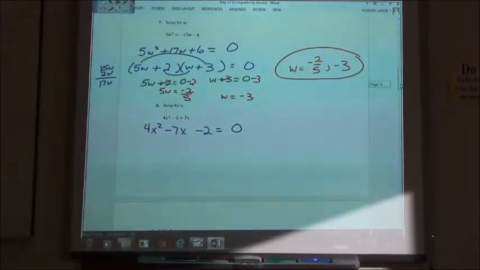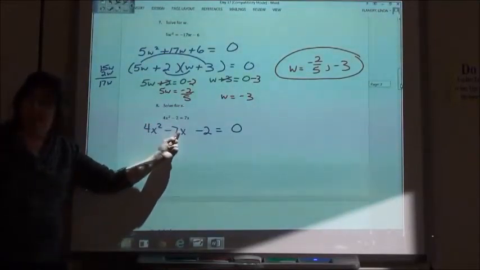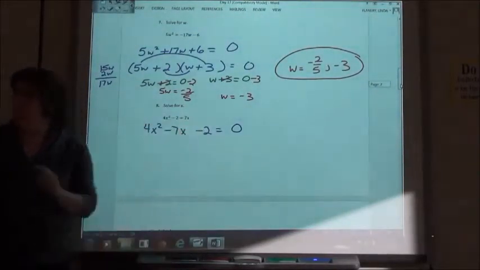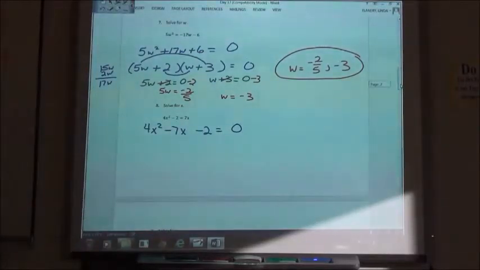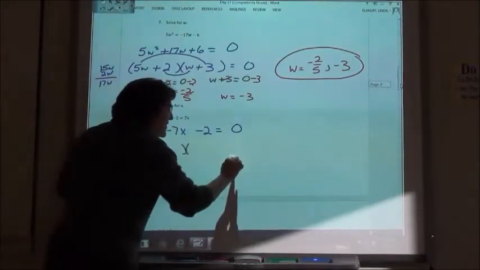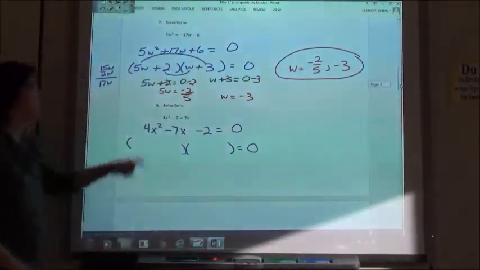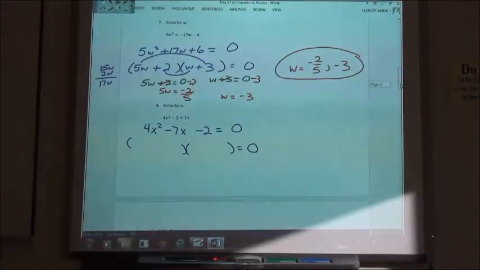So you always want it in what's called descending order. The squared highest exponent first, the x to the first in the middle, and then the one without the x on the end, so that when we factor, it factors out right. So now we can do our two sets of parentheses. So 4x squared. How do we factor 4x squared?